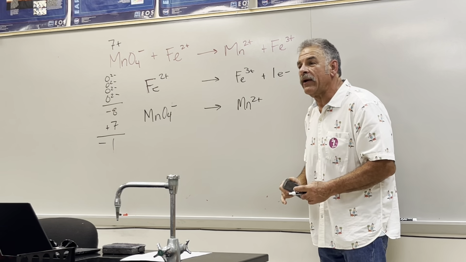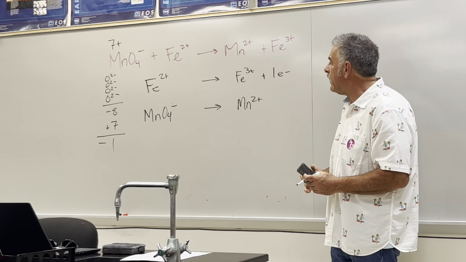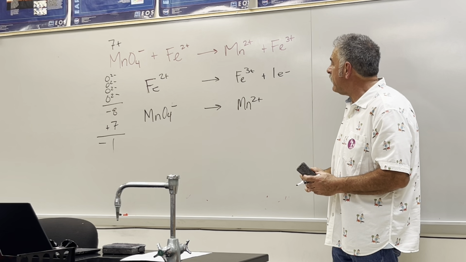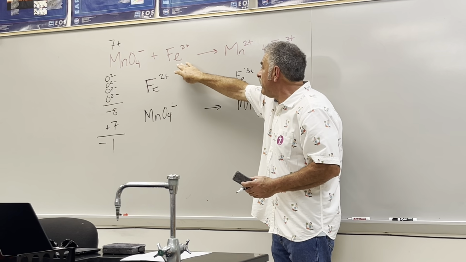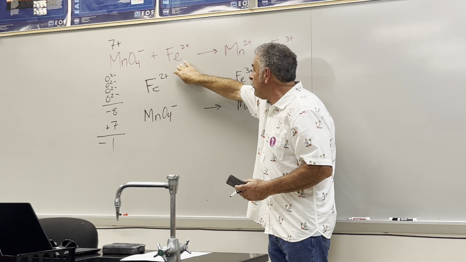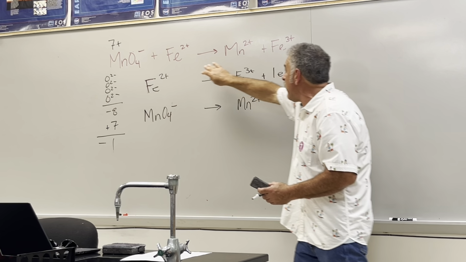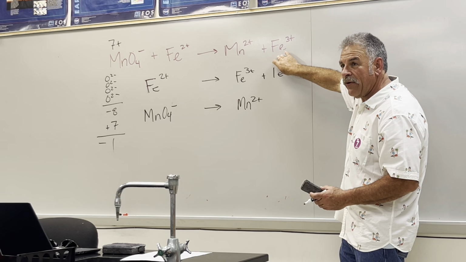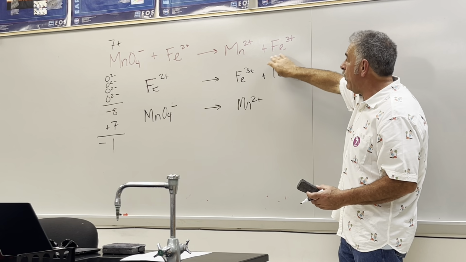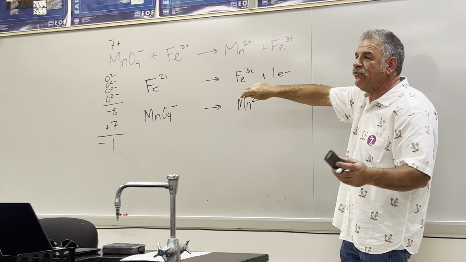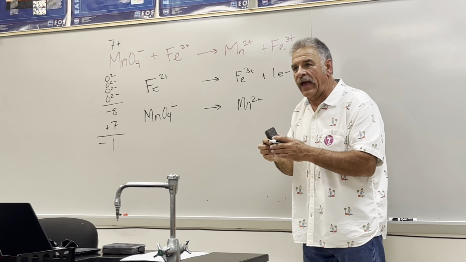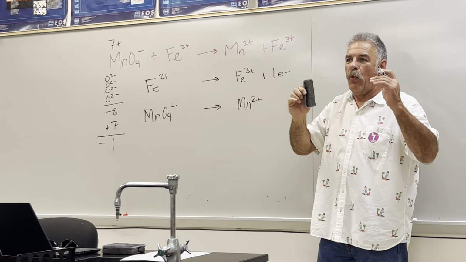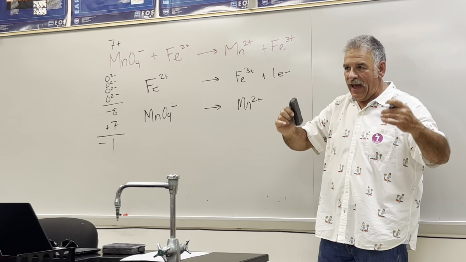Why does this one go from 2 plus to 3 plus? Because it had 2 fewer electrons than protons, and now it has 3 fewer. We still don't really know why. It's just the way the electrons move, based on the pattern of energy and where the electrons are in the element itself.